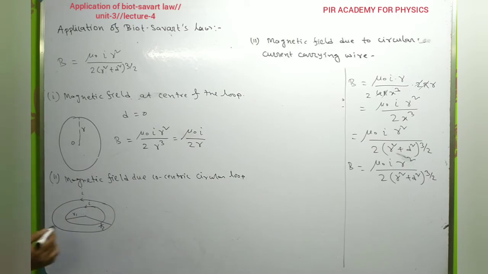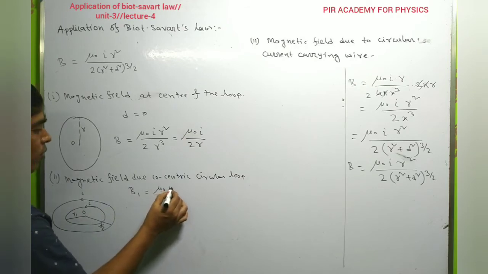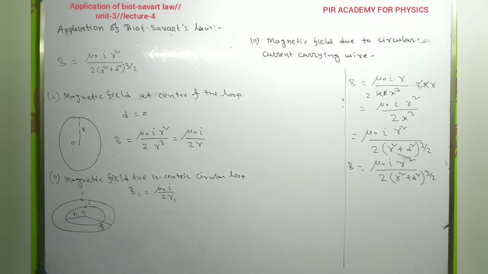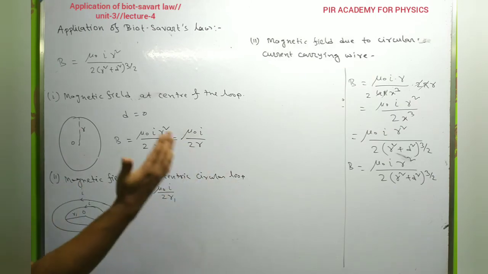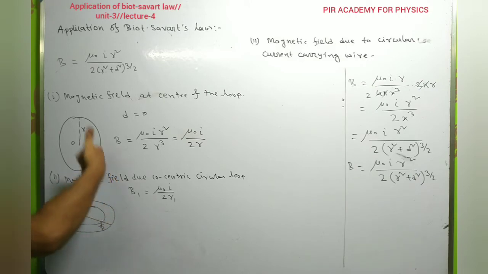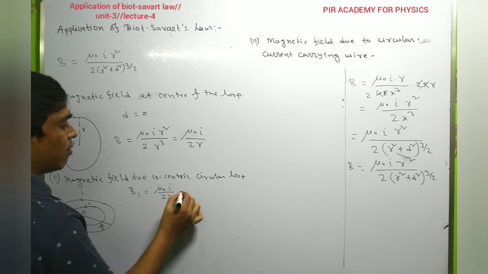So the magnetic field due to current number 1, that means loop number 1, B1, at the center will be mu 0 I by 2 R1. But the direction: here is my right hand. So dl cross R, this is the direction of dl and this is R, so it will be upward.